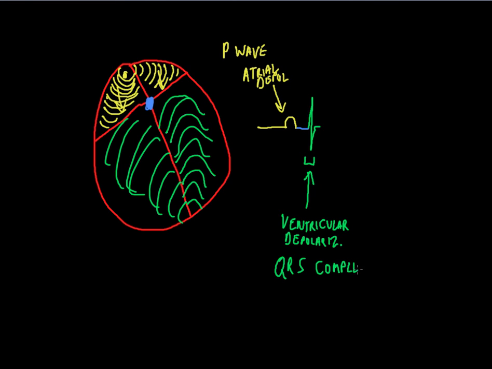It's not actually a single wave here. There's a Q wave, there's an R wave, and an S wave. In the one that I drew, there's actually just an R and an S. But suffice it to say, we'll get into that deeper at a later date. For right now, I have the QRS complex. That represents the ventricular depolarization.